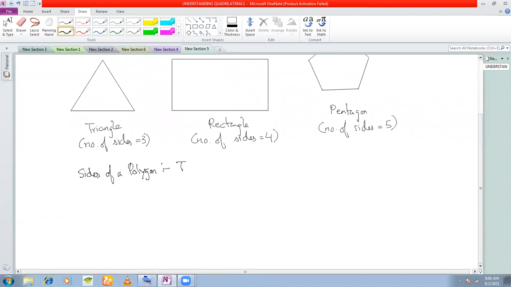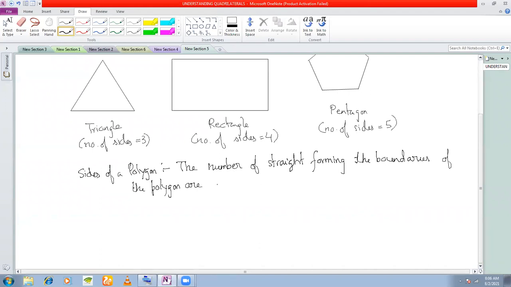The number of straight lines forming the boundaries of the polygon are called its sides.